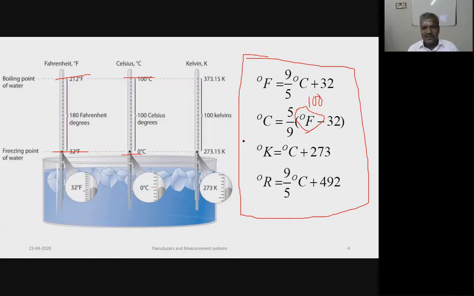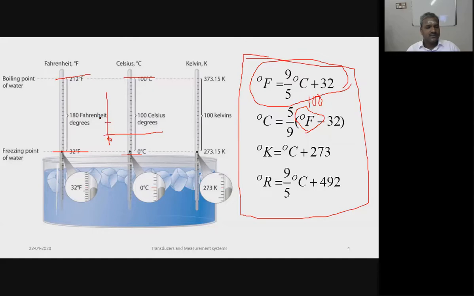So there is a relation between degree Fahrenheit and degree Celsius. We can easily formulate this relation by taking a graph. It starts from 32 degrees Fahrenheit when it is 0 degrees Celsius.